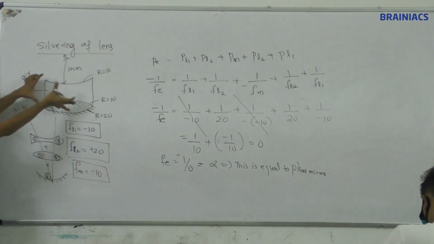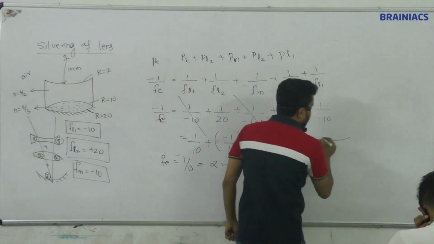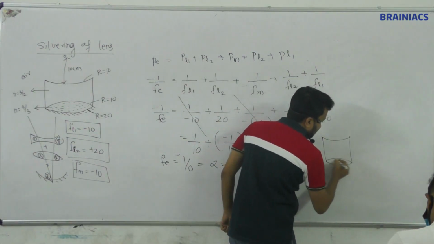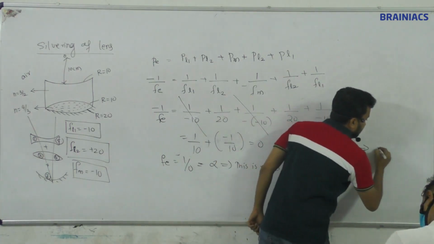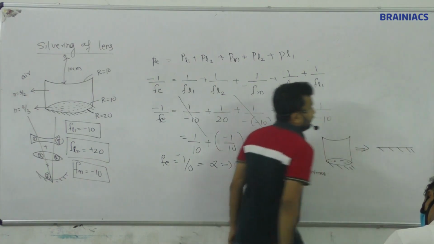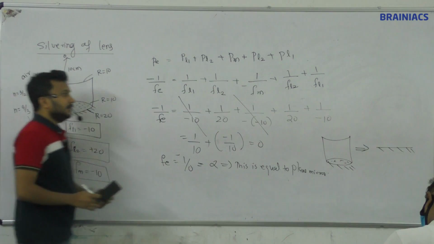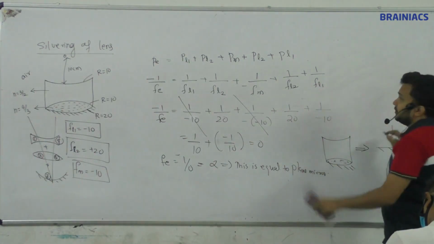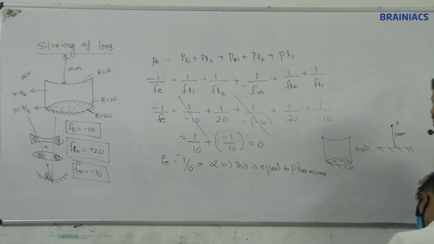Okay, so the whole structure is similar to what? Plane mirror, which means you can draw a small diagram here. The whole structure is equal to a plane mirror. If the whole structure is equal to a plane mirror, an object is placed at a distance of 10 centimeter here, so where will the image come? Exactly here.